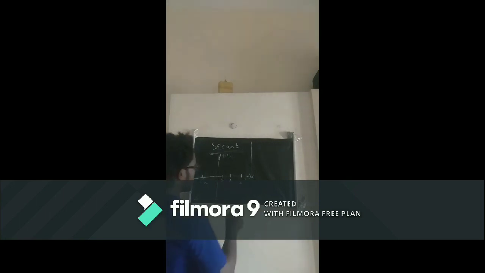In the secant method, we join these points: x and f of x, a and f of a, and b and f of b.